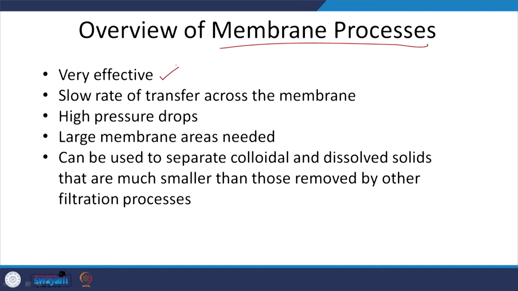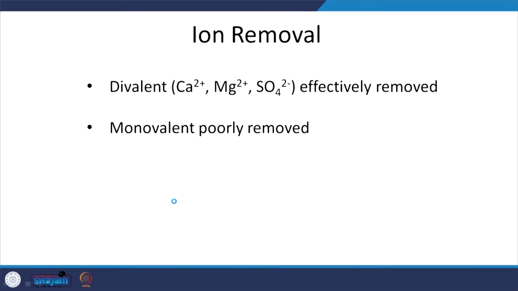Pretty effective, efficiency is pretty good, but slow rate of transfer across the membrane coupled with high pressure drops, and thus we needed a relatively higher surface area. But because they are packed relatively well, per unit volume you have considerable area, so that can be achieved. Again, we are trying to separate the colloidal and dissolved solids that are much smaller than those removed by the filtration process. That is a generic aspect.